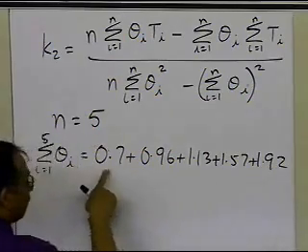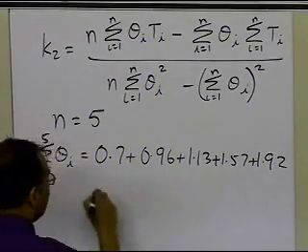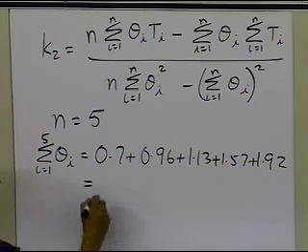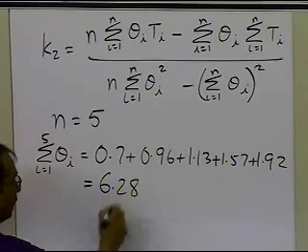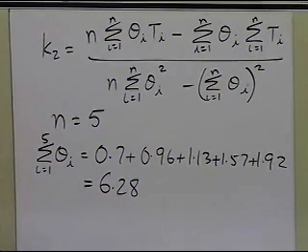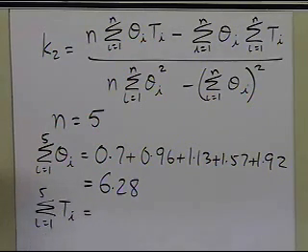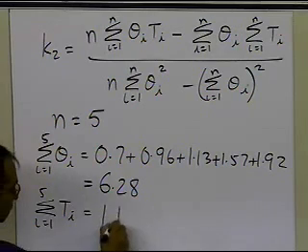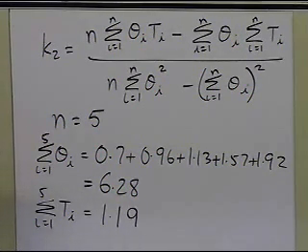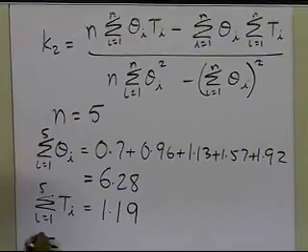Simply taking all the theta values which I have obtained, this summation turns out to be 6.28. So that's how we calculate these individual summations. For summation t_i, again you take all the torque values, add them up, and you will get 1.19. Now you also need summation of theta_i t_i.